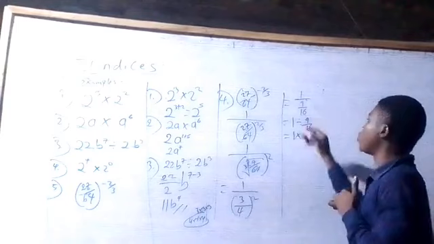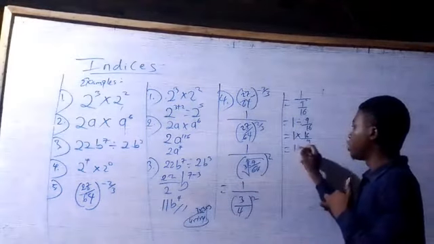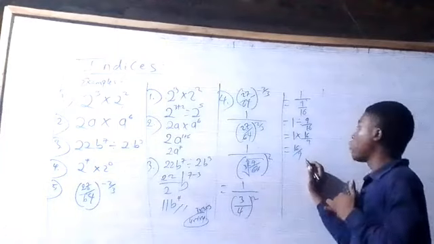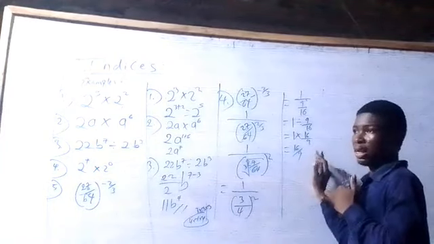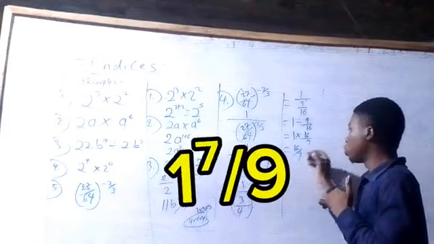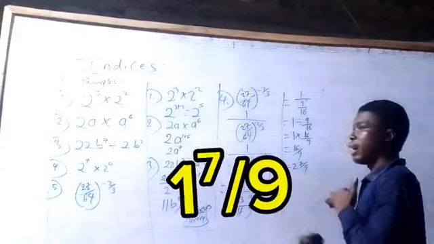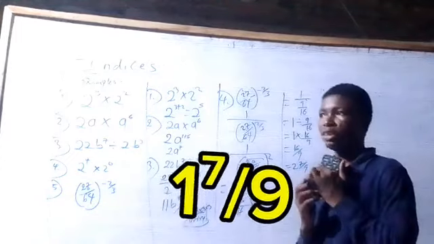Times. Then the 16 comes up and the 9 goes down. So we have 16 over 9. What type of fraction is this? This is an improper fraction. So we can just change it to a mixed fraction. That's 2 whole number 7 over 9. So I think that's all for indices.